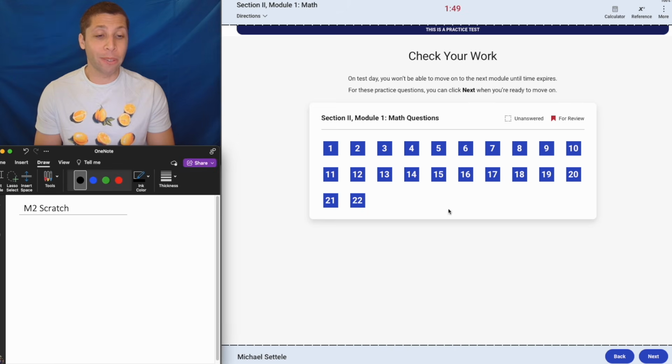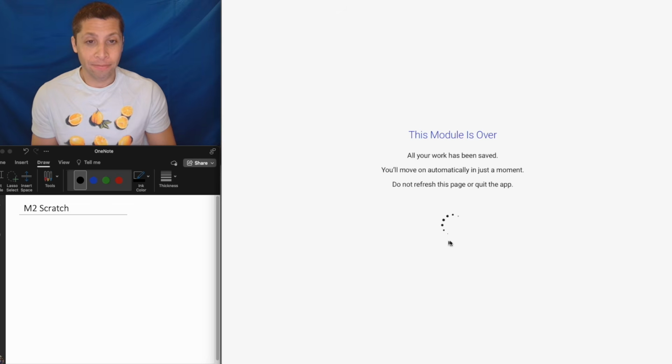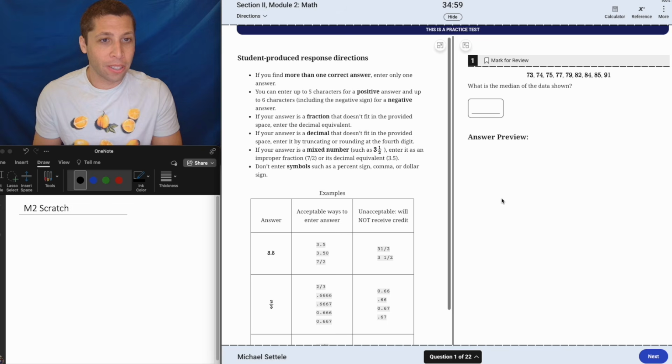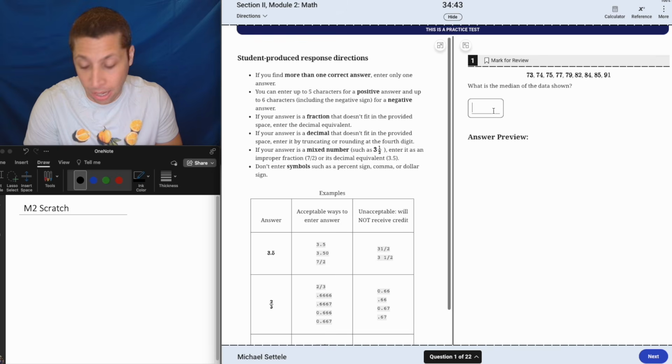All right, let's just get into it. Hard module. Here we go. Let's see. I mean, I'm not expecting much. So let's see, what is the median? So are these in the right order from least to greatest? Yes, they are. So cross out 1, 1, 2, 2, 3, 3, or 4. I think it's 79, but you know what?